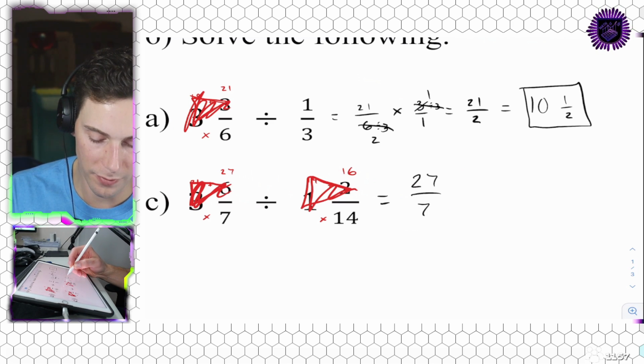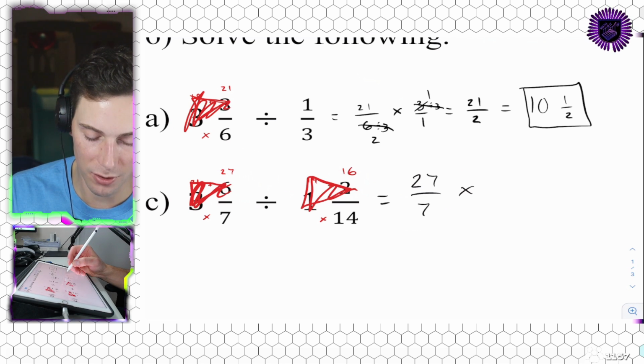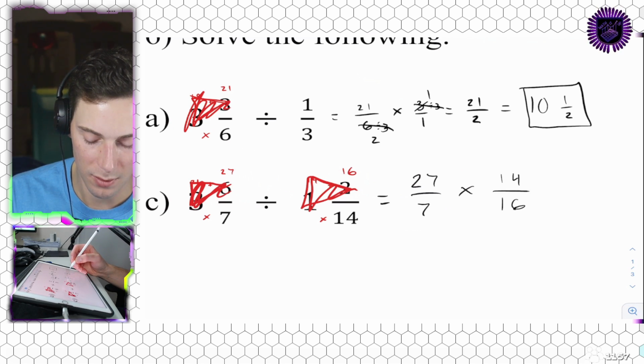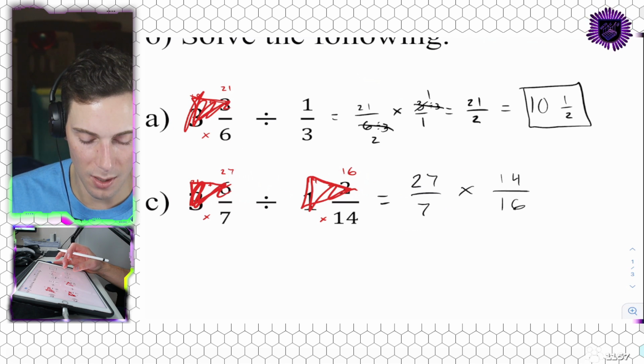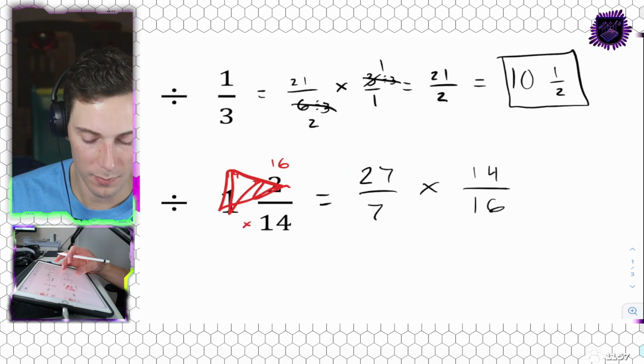We want to flip, change to multiplication, and then have 14 16ths on the bottom. 14 16ths? Yeah, that's right. Just double check my answer.